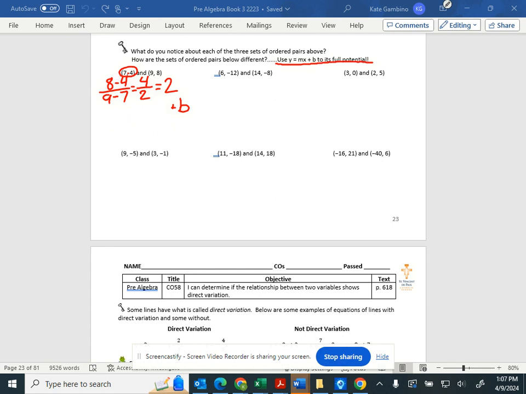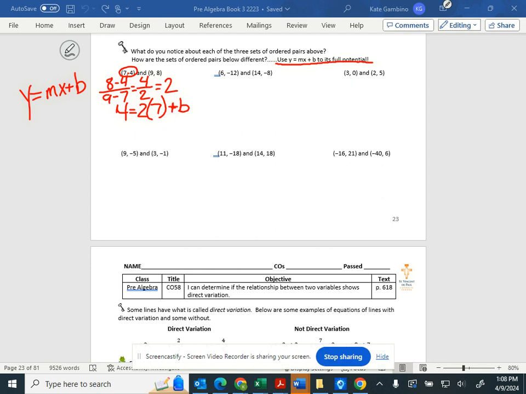So let's watch. My y is 4. My slope is 2. My x is 7. Right? Because we know y equals mx plus b. So I'm filling in a y and an x that I know is on my line.